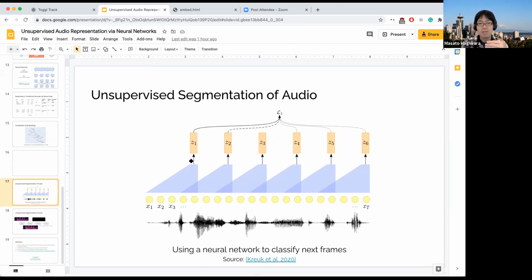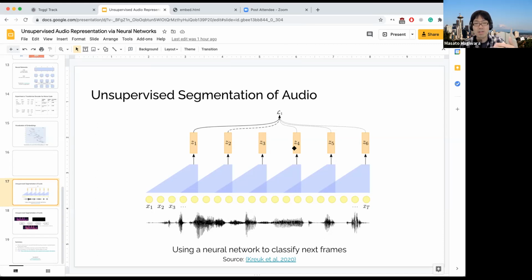And with this model they tried to classify which two of the embeddings are adjacent to each other, and which two are not. So Z2 and Z3 are next to each other, but Z1 and Z4 are not. So they trained this prediction neural network on top of this.